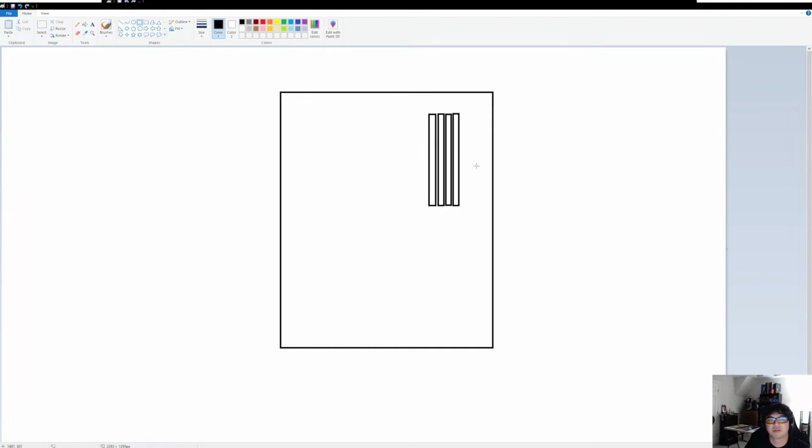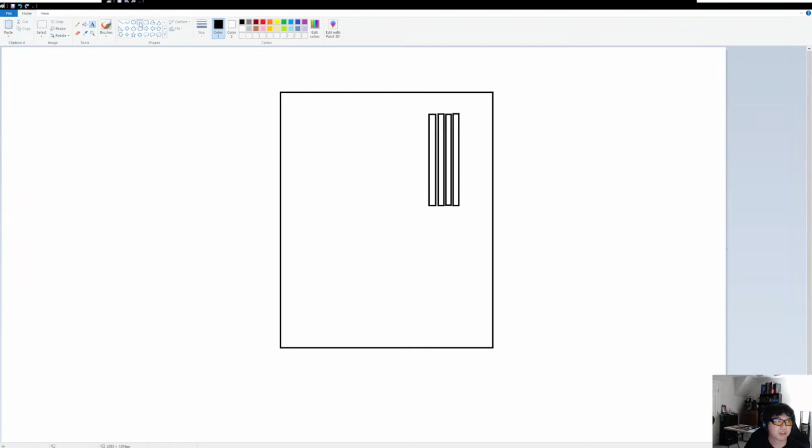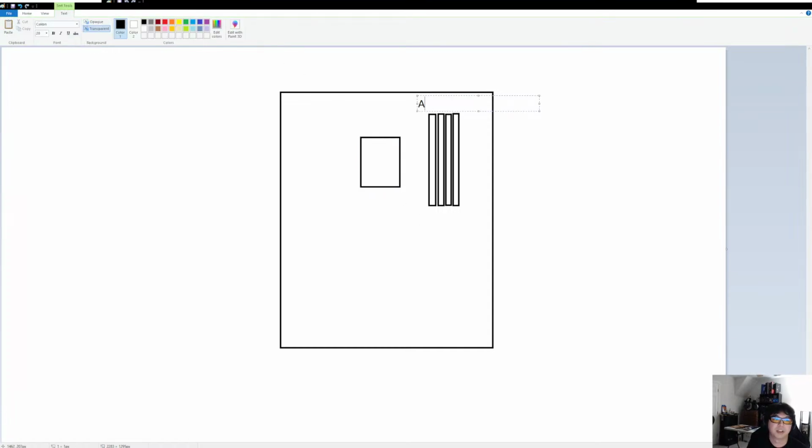This is not really drawn to scale, but you can see this is a 4 DIMM motherboard. Typically the way these are numbered, in order from the CPU socket, which would be over here in the middle, is A1, A2, B1, B2.